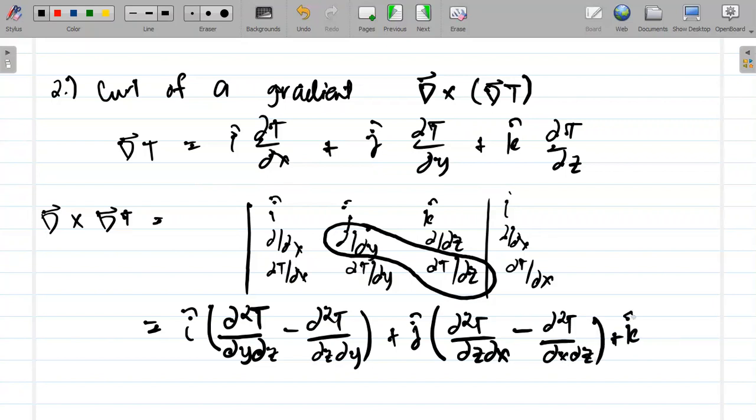Plus k hat. Ang k hat, itong dalawa. So, partial squared T over partial x partial y, minus partial squared T over partial y partial x.